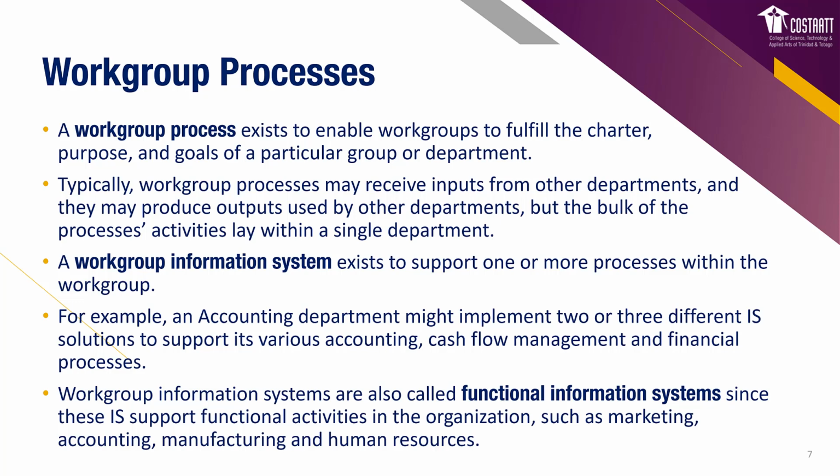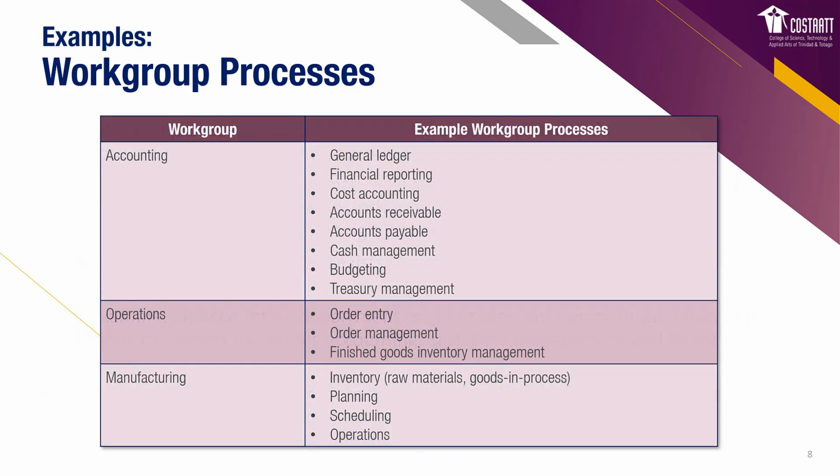Workgroup information systems are also called functional information systems, since these information systems support functional activities in the organization, such as, well, we covered accounting already, but we have marketing, manufacturing, HR, R&D, and you name it. So in the next 2 slides, we're going to look at some examples of workgroup processes and, of course, the work groups that they are part of.